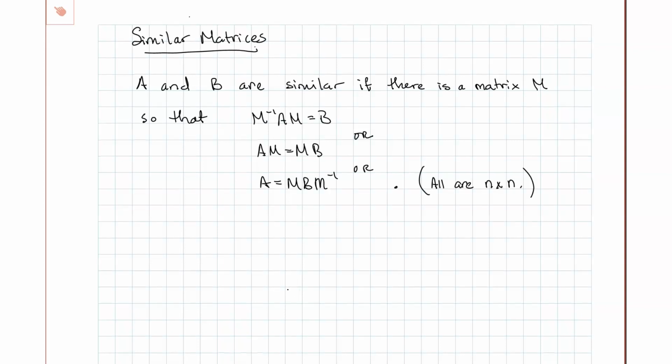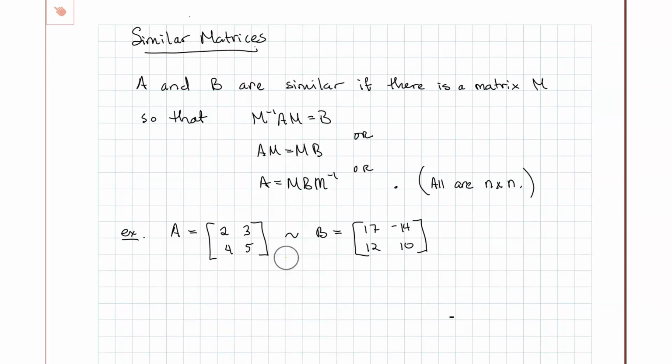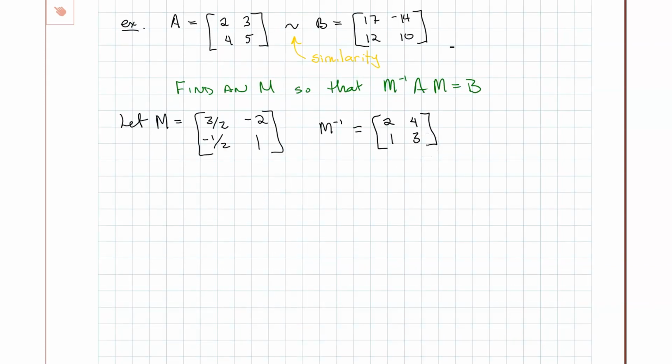So here's an example. These two matrices, A and B, are similar. And you'll notice that I've used this notation to denote similarity. So we can see this if we can find an M so that the property holds in one of any of these three forms. So here's an M that'll work. And now to check that this witnesses that A and B are similar, we just need to carry out the multiplications, right?